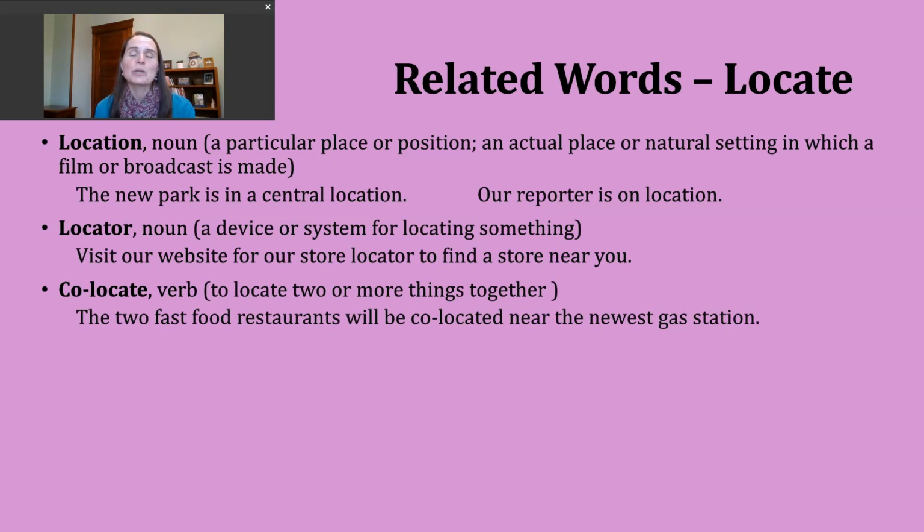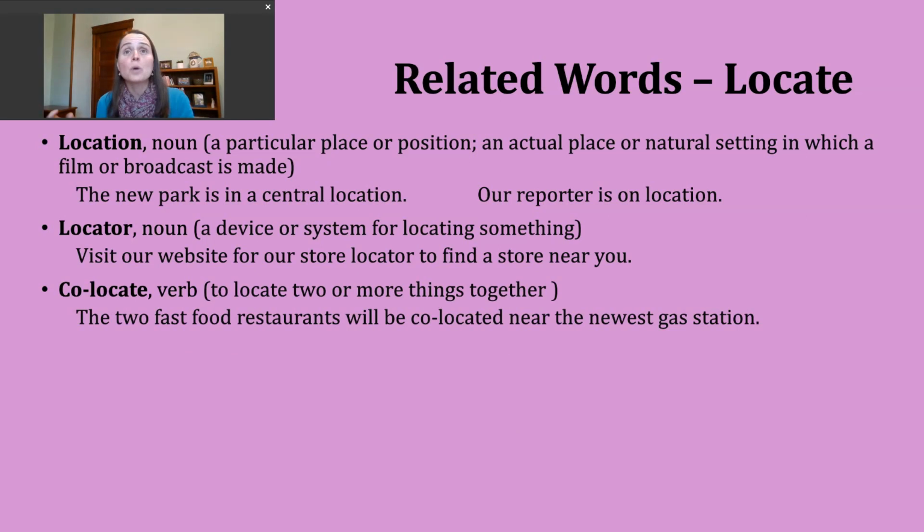The last word we're going to discuss today is another verb, and that verb is to co-locate. Here I've added the prefix co, and many times when you see that used at the beginning of root words, it's going to mean together.